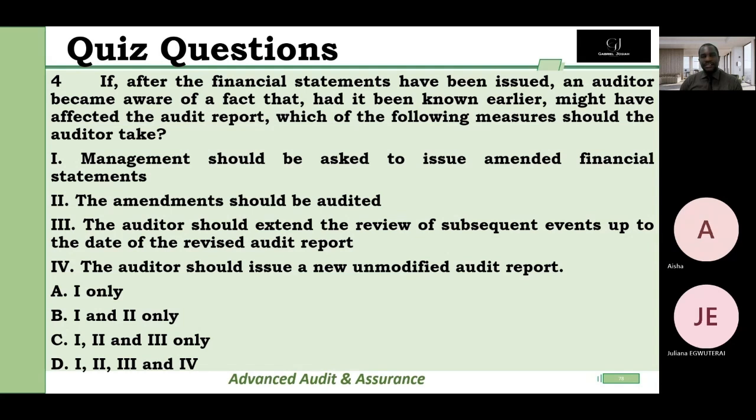In the matter of events after report dates, auditors should ask management to issue the amended financials, and the amendment should be audited, of course, and the auditor should extend the review of subsequent events up to the date of the revised audit opinion. So if he needs to modify the audit opinion or audit report, he should do that, not unmodified. So that's where you got it mixed up. So the answer is C, and A got it.